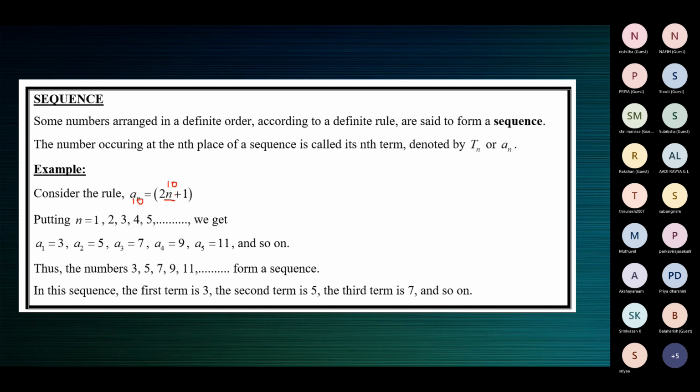When you substitute 10 in place of n, you're finding A10, meaning the 10th term of the sequence, which is 2 into 10, 20 plus 1, 21. So as I told you, nth place can be the first place, second place, third place, fourth place, 100th place.